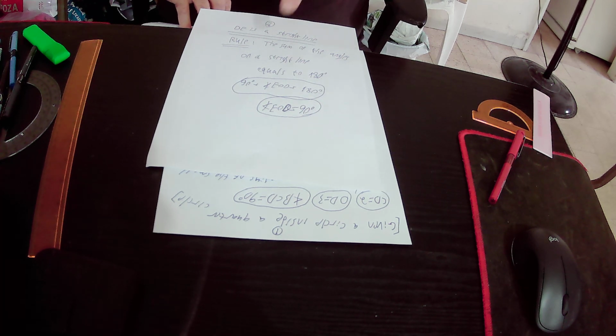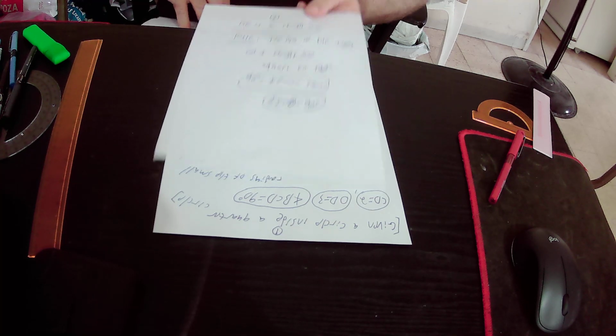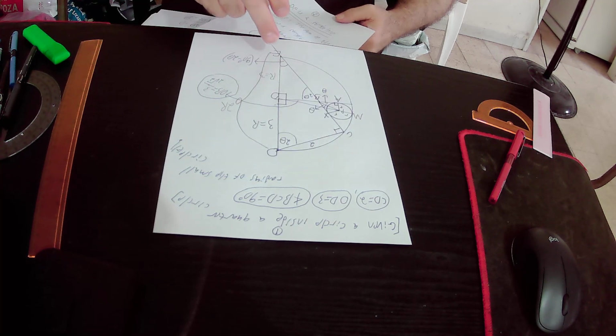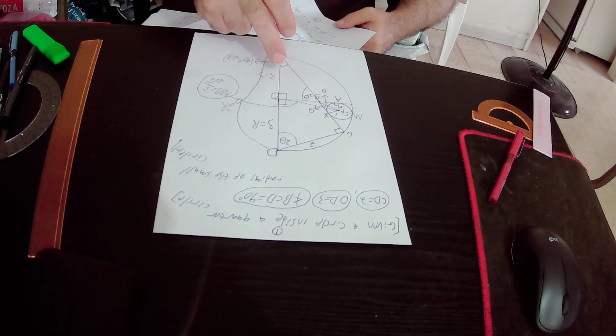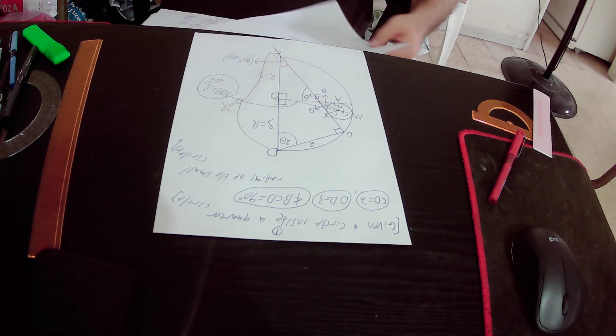That is to say, 90 degrees plus angle EOB must be equal to 180 degrees. Here we subtracted 90 degrees from this equality, and we got that angle EOB equals 90 degrees. So this angle is a right angle, and therefore triangle EOB is also a right triangle.